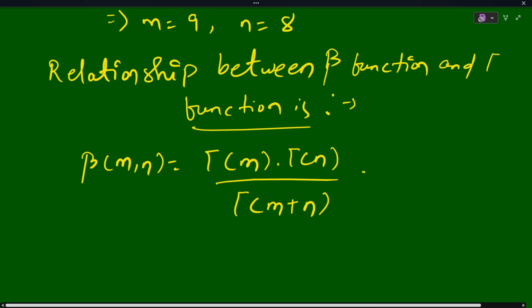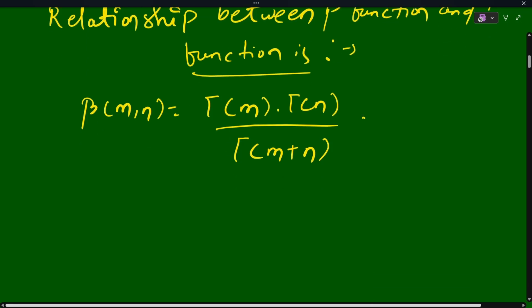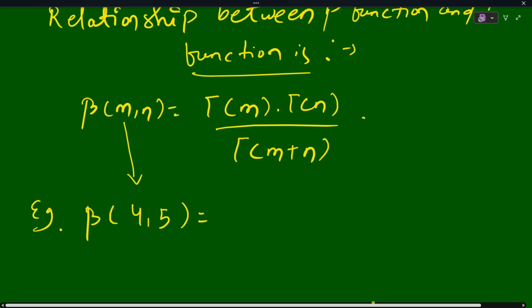Now if I want to find beta of 4, 5, then just substitute the values. Here m is 4 and n is 5, so on the right hand side also, in place of m use 4 and in place of n use 5. So what is this value?